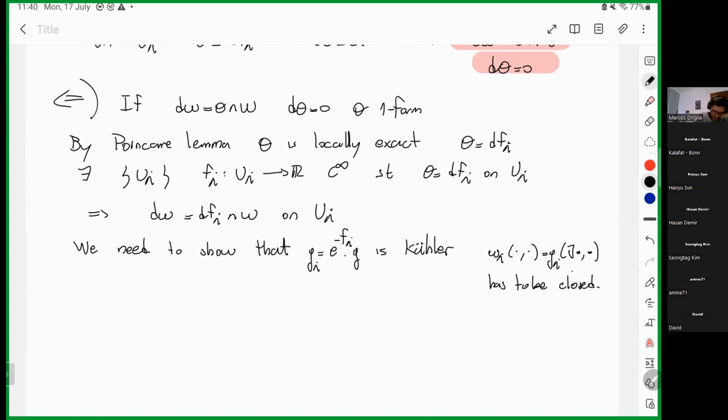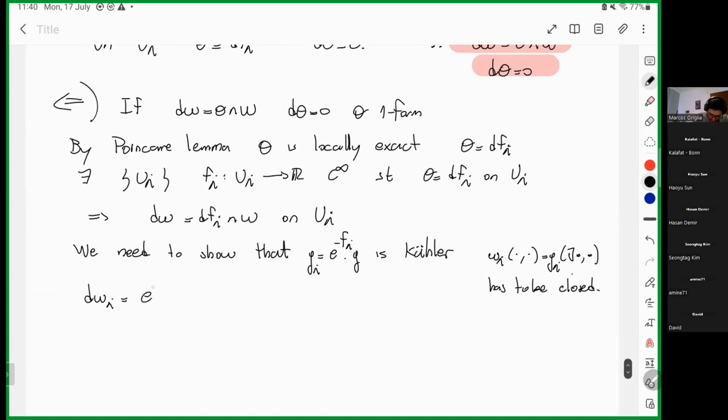And we will see this, but it's almost immediate from the condition we already have. So dωi is just exp of minus φi. I mean, we can check, but it's the same computation we did before.